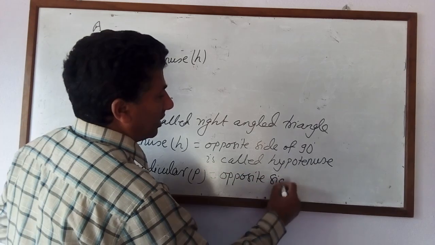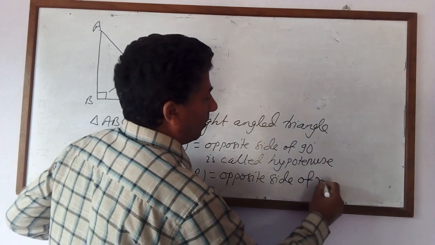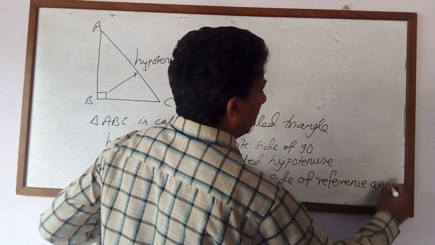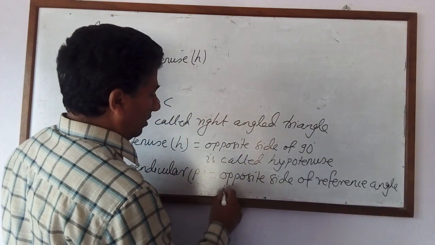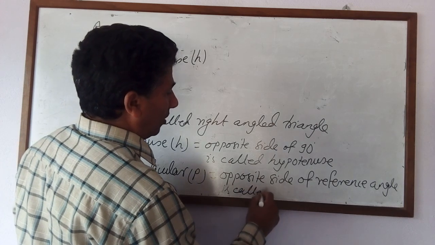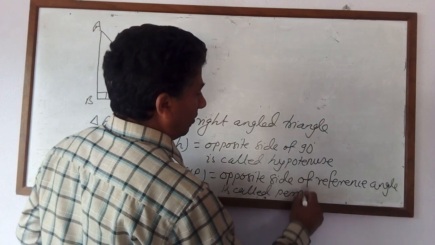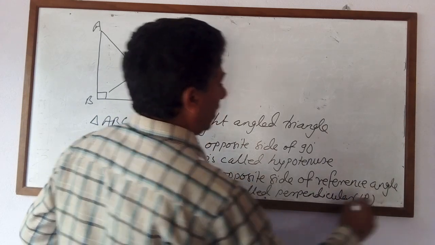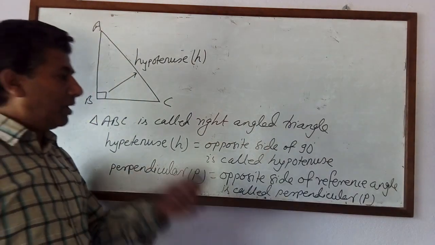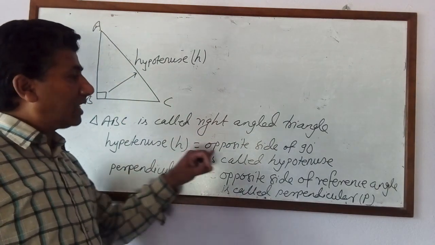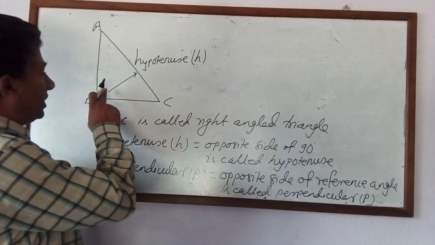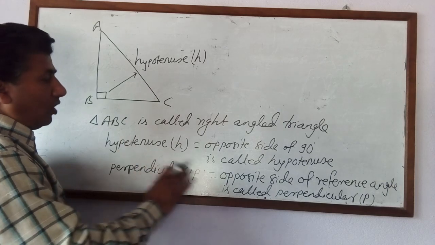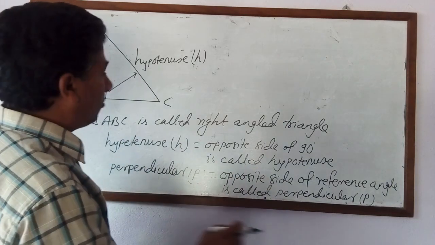Opposite side of the reference angle is called perpendicular, small p. Now you have to remember these two definitions. Opposite side of 90 degree is called hypotenuse. This is 90 degree, its opposite side is hypotenuse. And perpendicular, opposite side of the reference angle is called perpendicular.